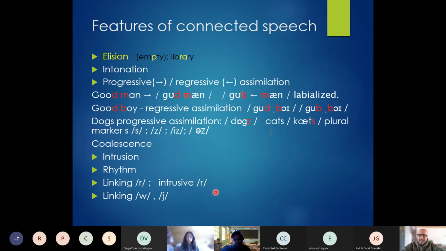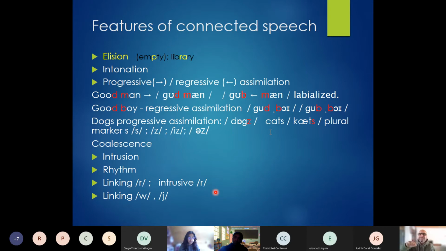So as the influence goes from left to right, we would say that this is an example of progressive assimilation. This is a very good example given by Judith, about an influence that goes from one sound and is influencing or impacting the following one. That's the idea of progressive, right? It goes from left to right.